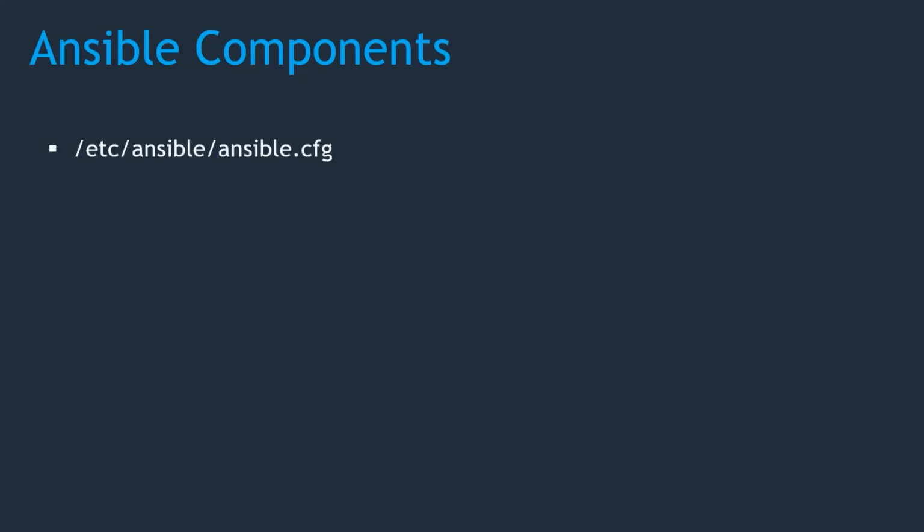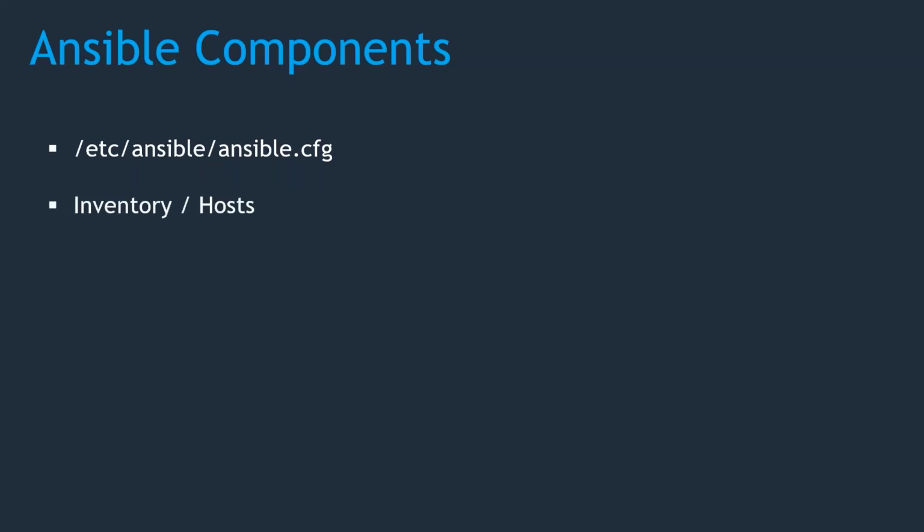The first file is /etc/ansible/ansible.cfg. This file helps to manage our Ansible playbooks or Ansible commands. We are going to discuss this file in today's or the next class, and it has some default configuration which tells Ansible what it has to do.